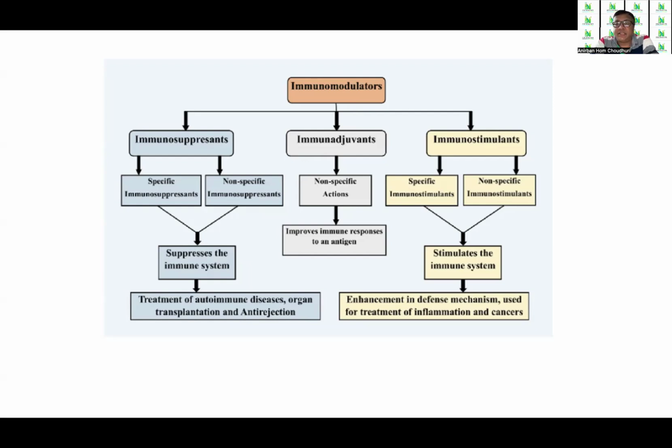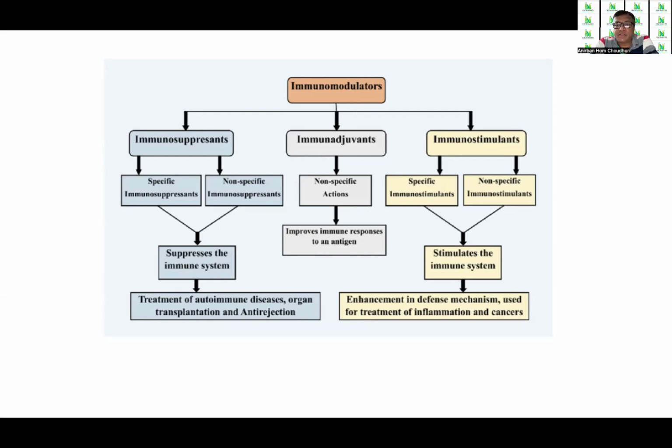The third category are the immunostimulants, which are specific or non-specific. The immunoglobulins are also sometimes included, but otherwise we have the immune checkpoint inhibitors also, and the Janus kinase inhibitors, the JAK. So they are basically stimulating the immune system.